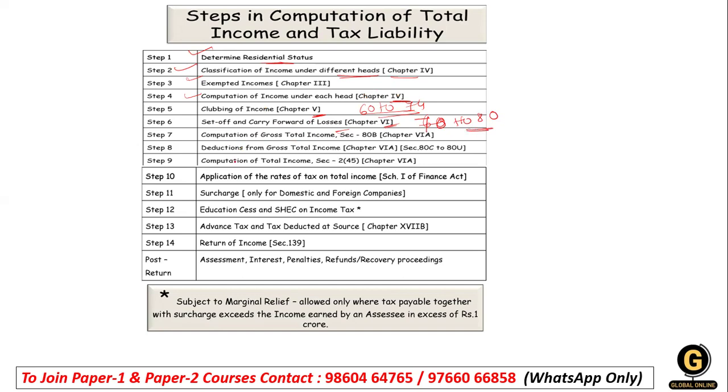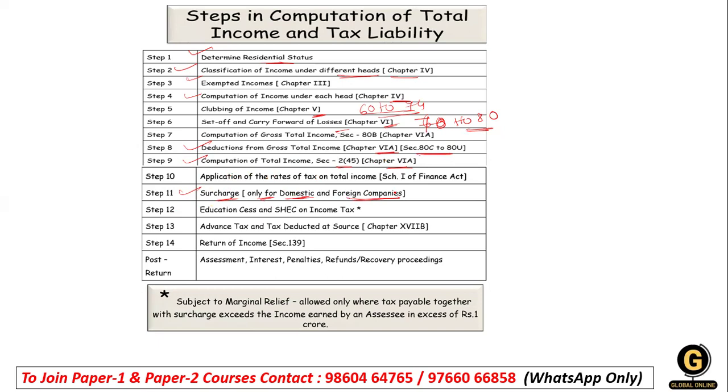And compute the tax. After the step of deduction from the gross total income, that is chapter 6A, the sections given are 80C to 80U. 9th step, compute the total income, section 245, chapter 6A. And after that, application of the rate of taxes on the total income. Then step number 11, the surcharge, only for domestic and foreign companies.